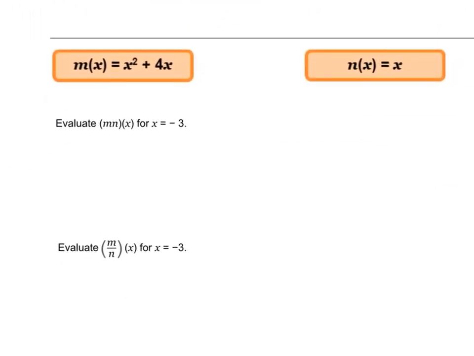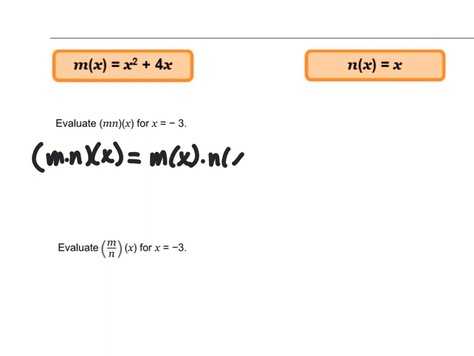On this example, we have the function m and we have the function n. It wants us to multiply these two functions together and then plug in negative 3. If I wanted to find m times n of x, that really means I'm taking m of x and multiplying by n of x.